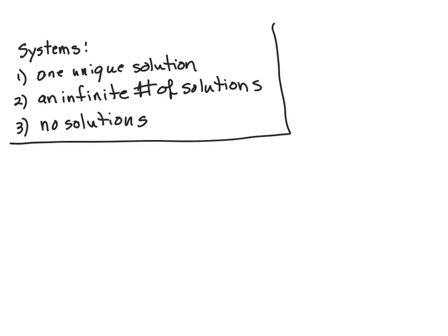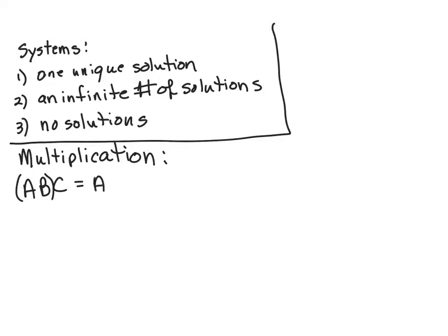All right, next concept, matrix multiplication. Multiplication. You need to practice it. It's not exactly easy, but you also need to understand the properties. If I have three matrices being multiplied, I can group however I want.